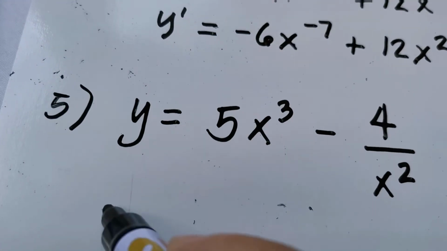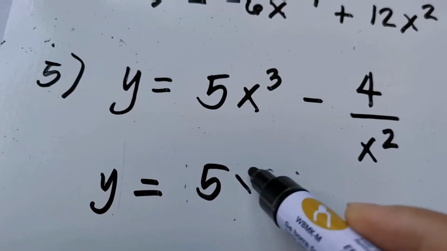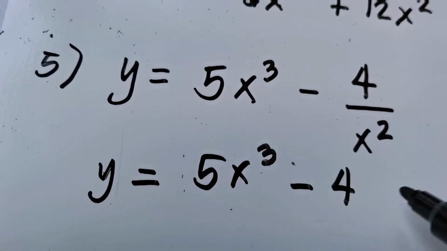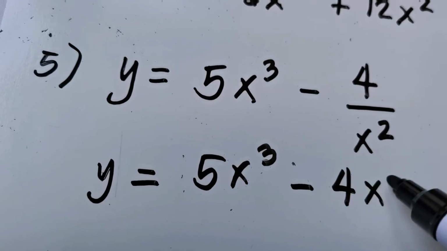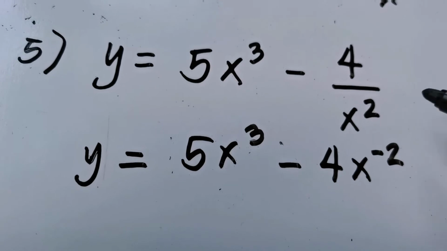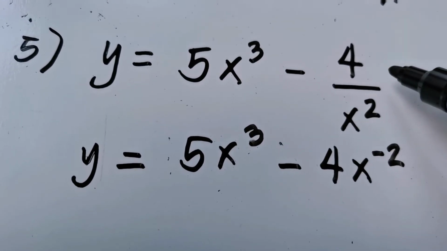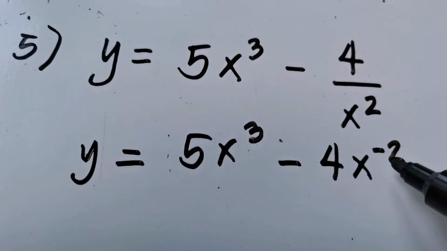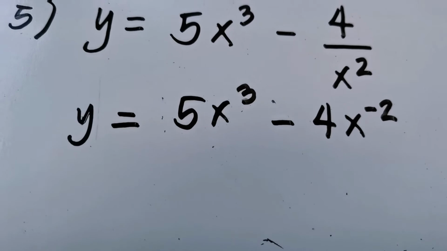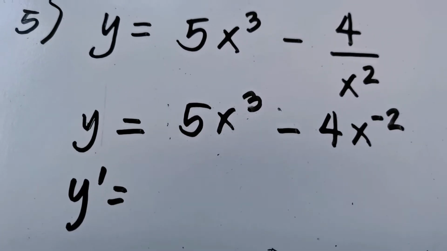So we have y equals 5x cubed minus 4x raised to negative 2. So we transpose x squared into the numerator, writing a negative in the exponent. We can now apply our derivative.